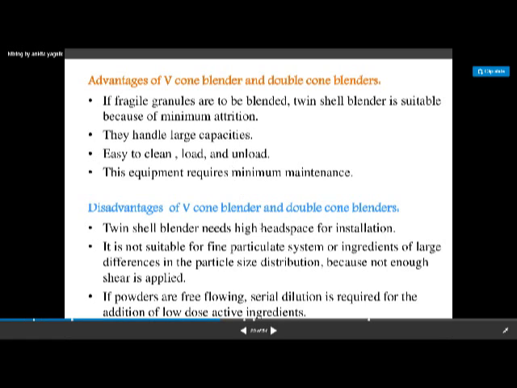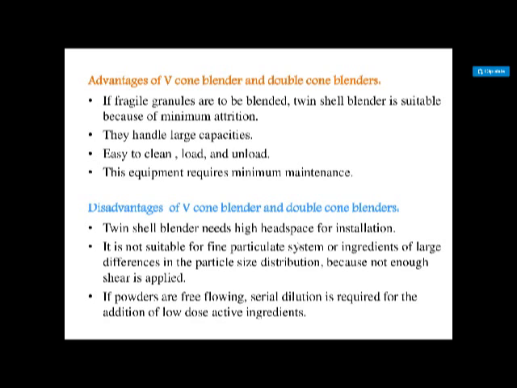And the disadvantages of the V-cone blender or the double cone blender: it needs very high head space, right? You have seen the equipment. High head space is required for installation.